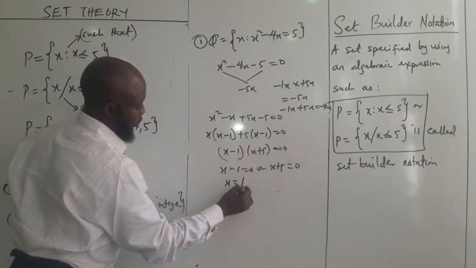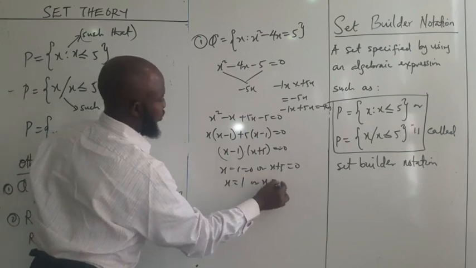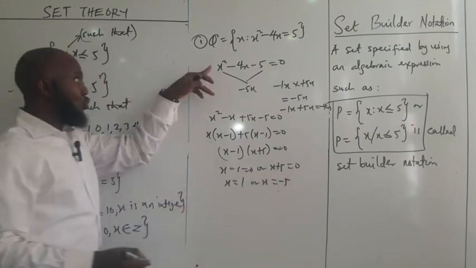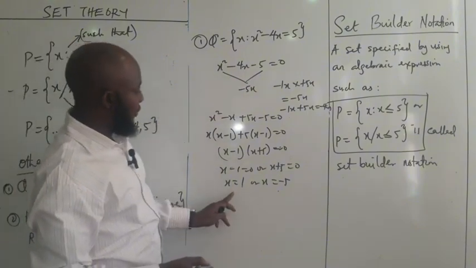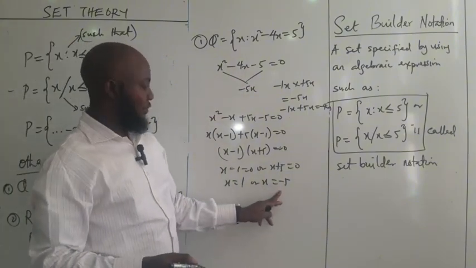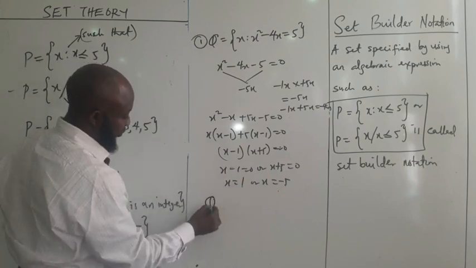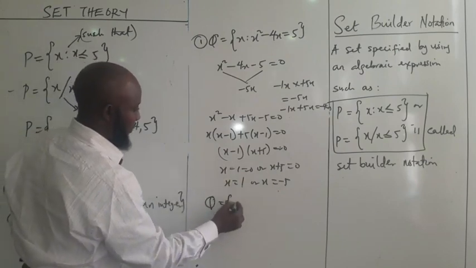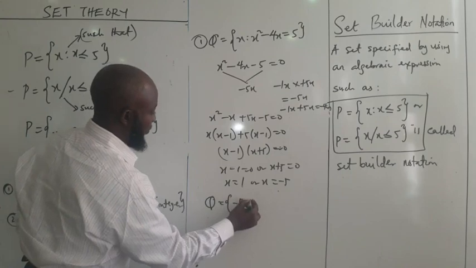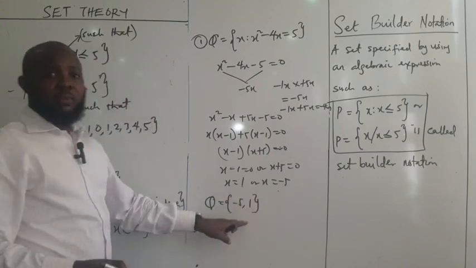That means x is equal to 1 or x equals minus 5. So since the value of x is 1 or minus 5, the elements in set Q we can then write as Q equals minus 5, 1. That is it. All this is very clear.